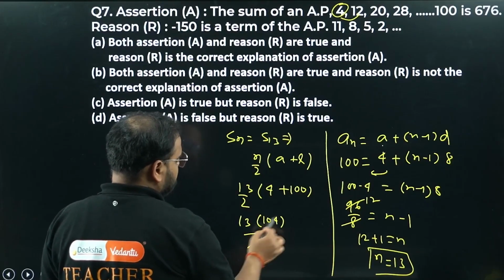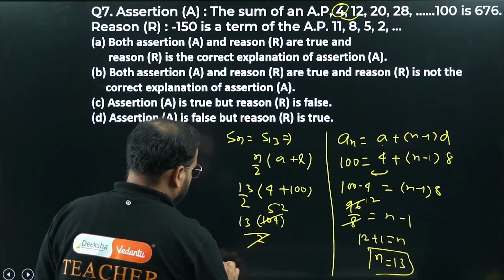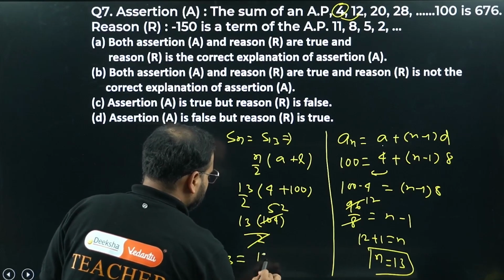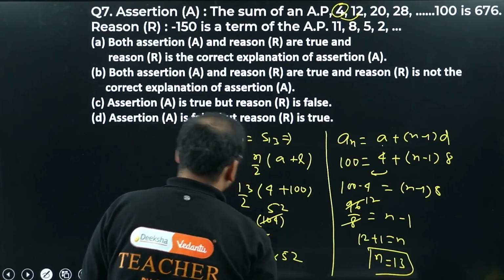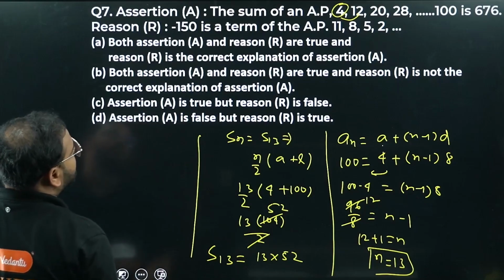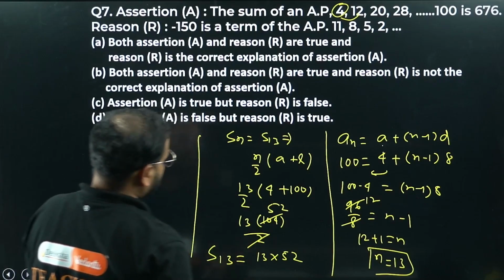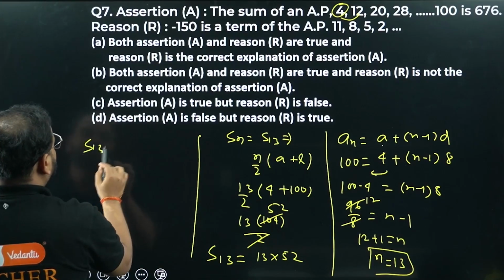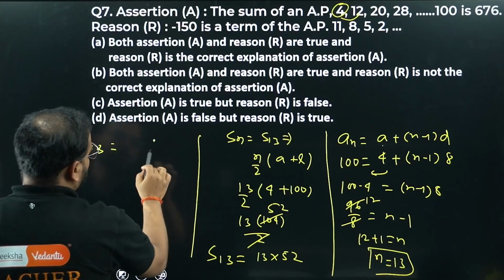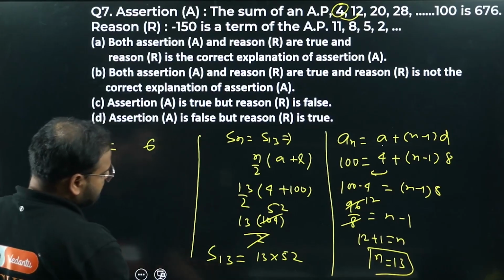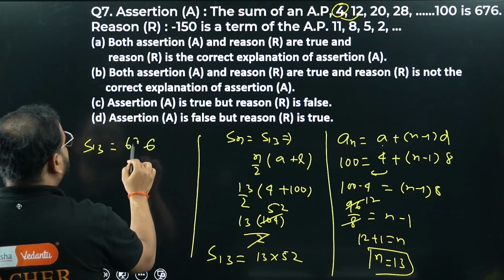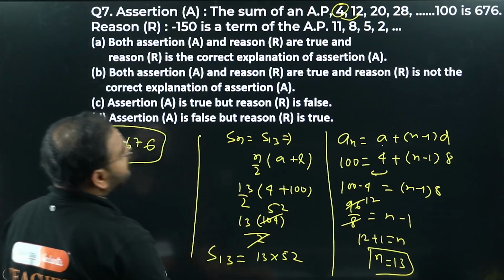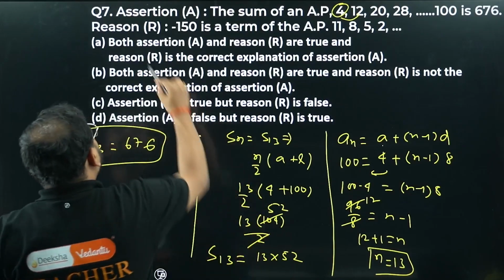Cancel here, 52. So S13 is 13 into 52. 13 twos are 26, carry 2. 13 fives are 65 plus 2, 67. Is it the same thing? Yes. It means assertion is correct.